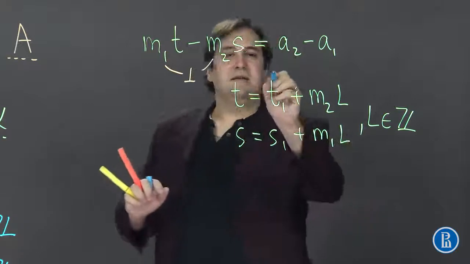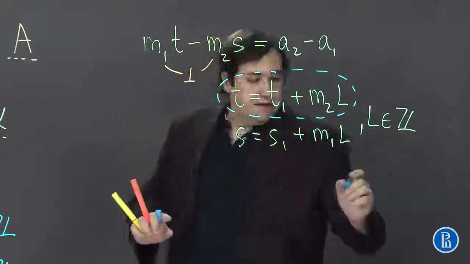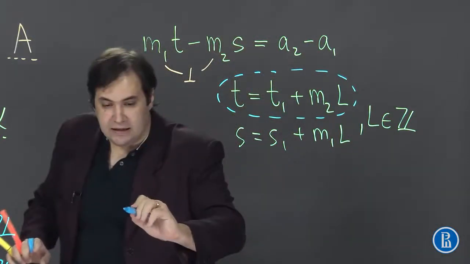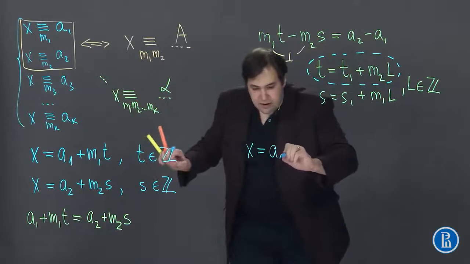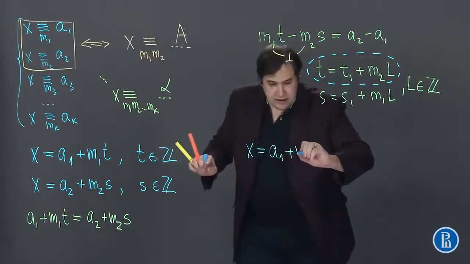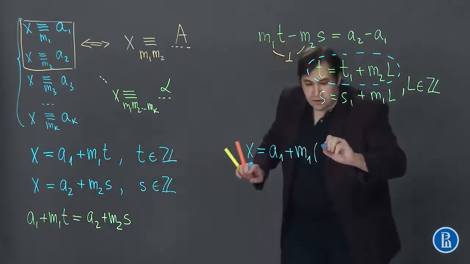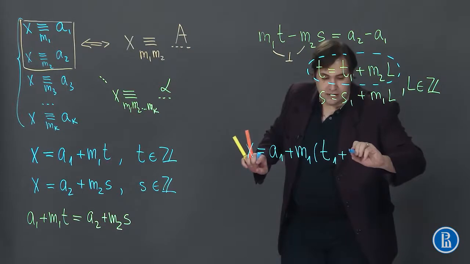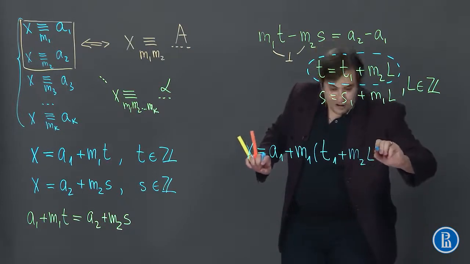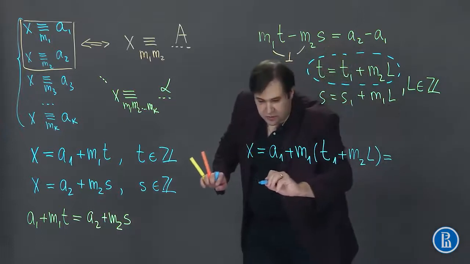Let's take the formula for t, and eventually x is equal to a1 plus m1t, and we take t from here, so t1 plus m2 l.